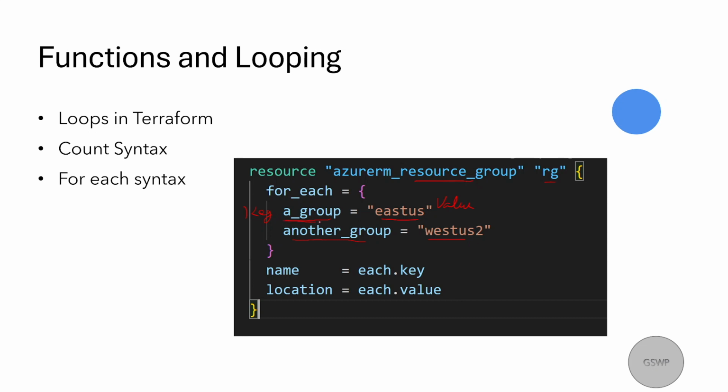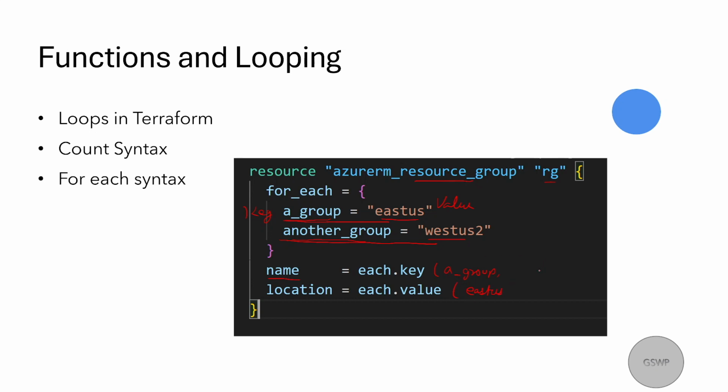And I am iterating on this. The first iteration will go to this one, the second iteration will go to this one. In the first iteration, it will go for a resource group, so the name will be a underscore group, and the location will be East US, and it will create a resource group with this name in this location.